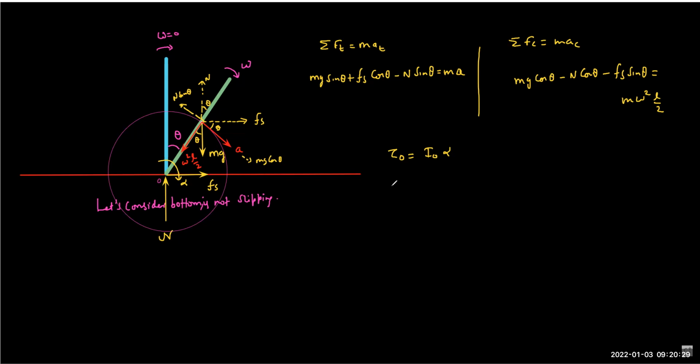So torque about O is how much? It's the same thing: mg sin theta into L by 2. That is the torque about O. Normal will have zero torque. Now the center of mass is having the acceleration omega square L by 2, and O, in the CM frame, has acceleration omega square L by 2 towards the center.